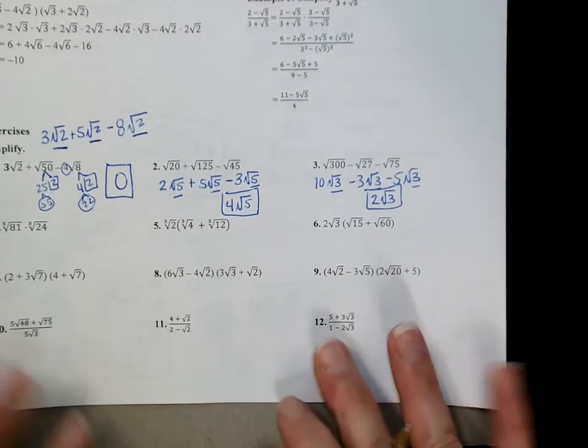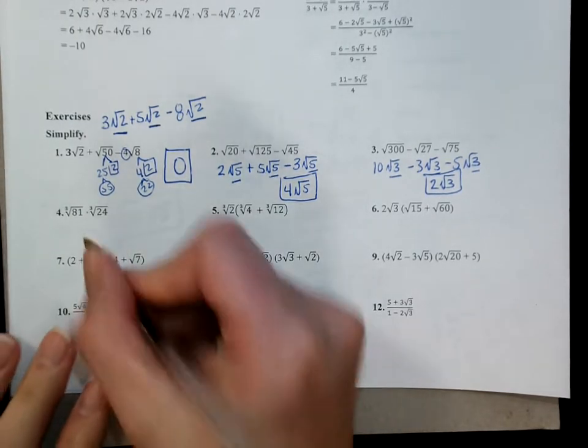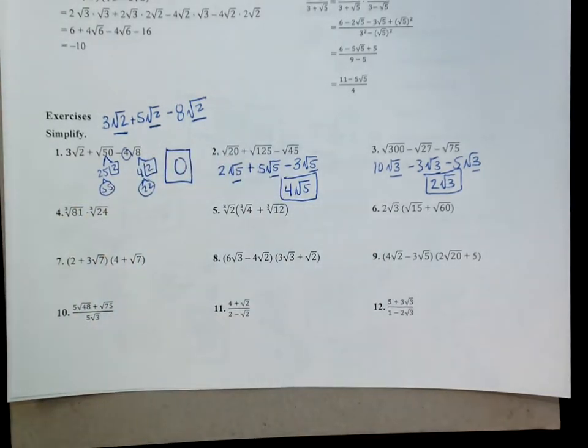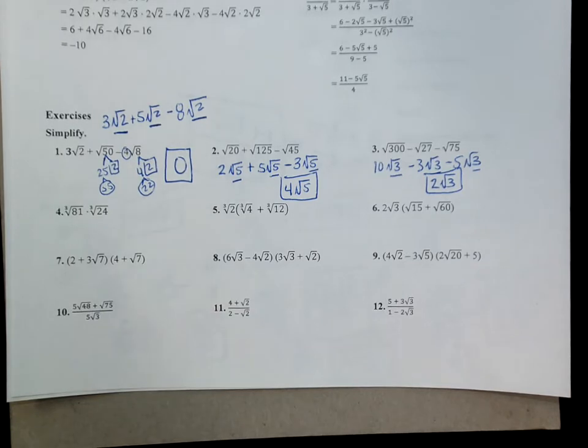Okay? Remember, when you are multiplying radicals, you could do a couple things here. So, options. You could simplify this first. You could simplify this one, and then multiply them together. You could just multiply 81 and 24.